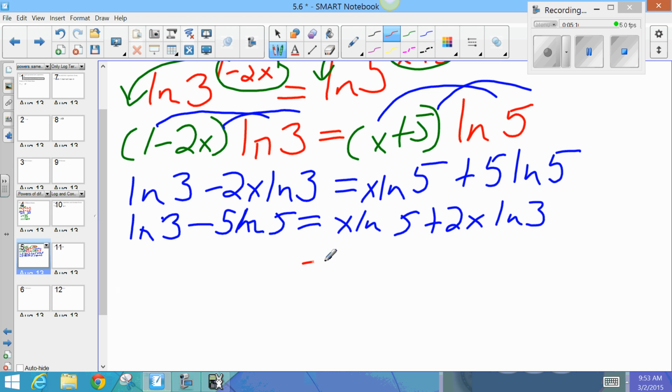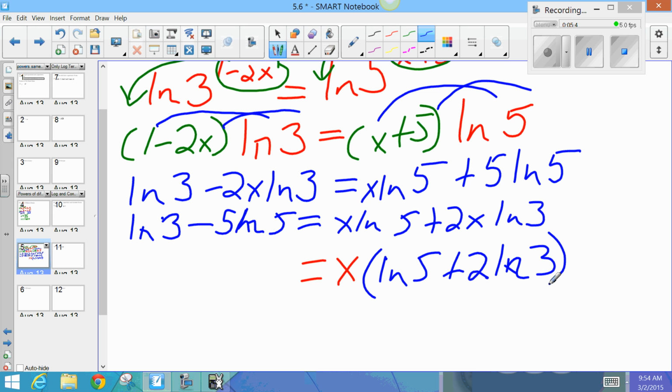So I've got all of this is equal to x, and then I'm going to divide x out of both terms. So the first term, x natural log of 5 divided by x is natural log of 5. And then the second term, if I divide out an x, I'm left with 2 natural log of 3. So I'm almost there.